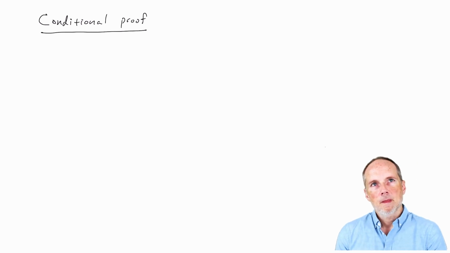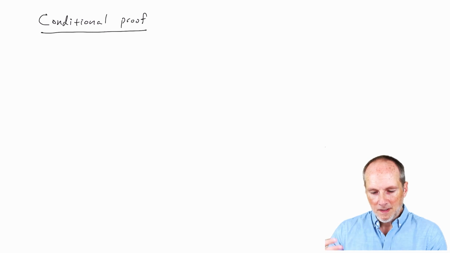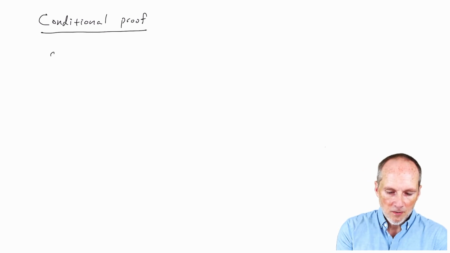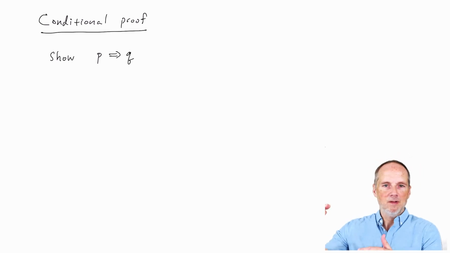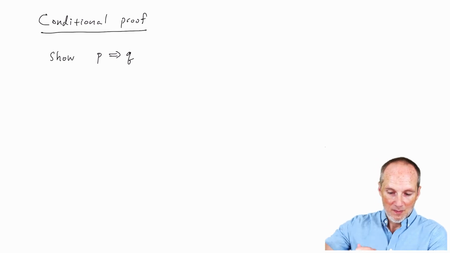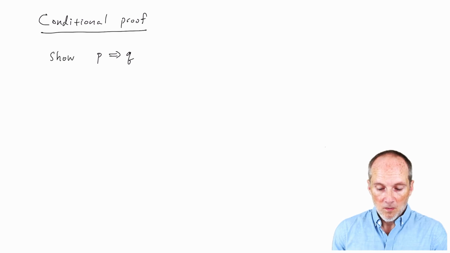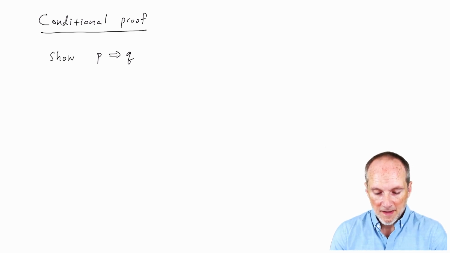Here, imagine that you're in an argument and you want to show that P implies Q. So you're somewhere up the ladder, and the next rung you want to get to is P implies Q. So how do we show an implication like that?